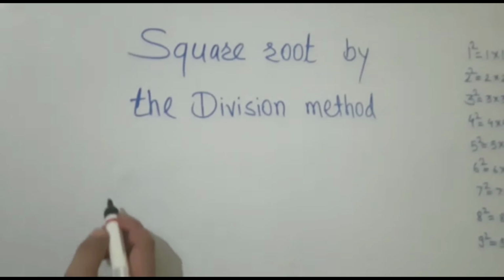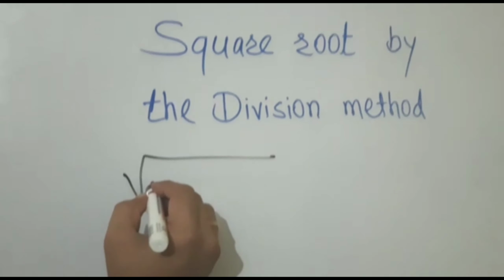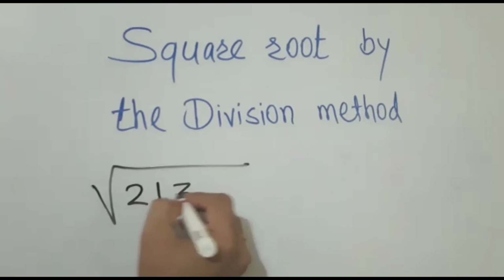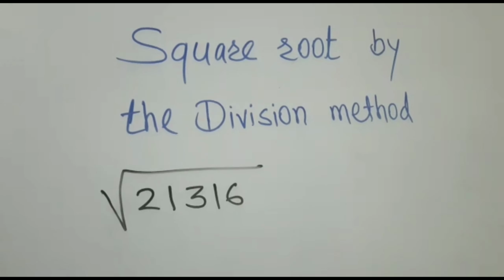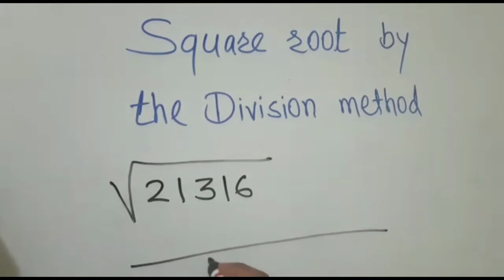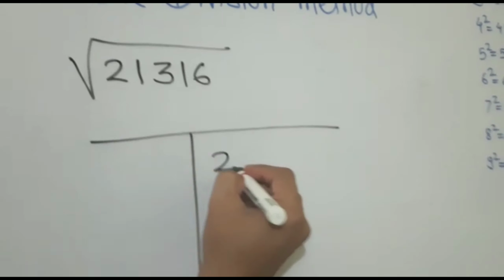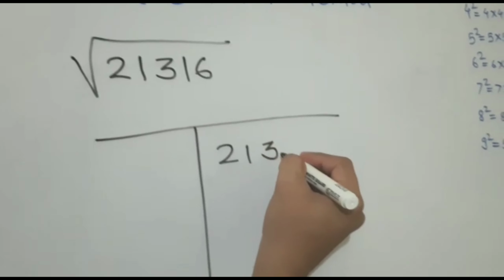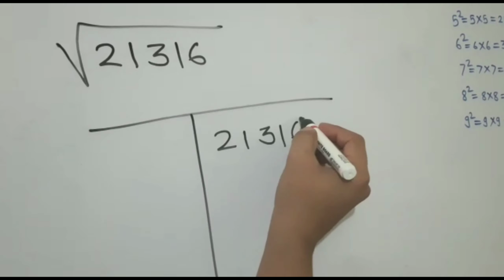We will take another example. Find out the square root of 21,316 by the division method. So take a big T symbol here and write the number 21,316. Make pairs from the right side.